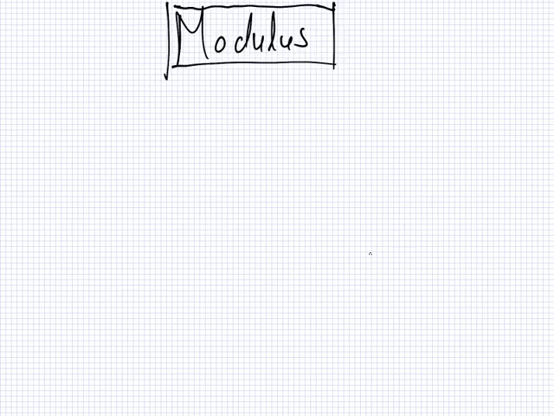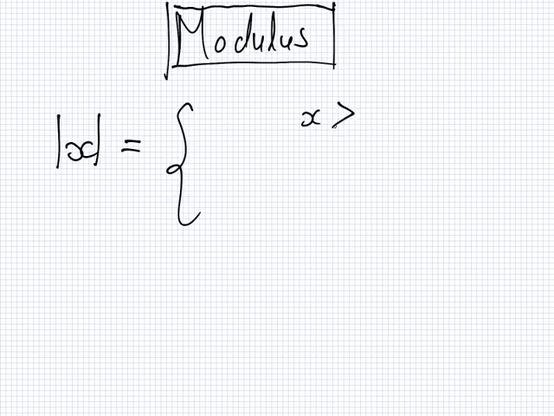Now, modulus function. So in maths, we have this special function called the modulus, also called the absolute of a function, and you write it like this. 2 lines. And the meaning is quite simple. If the x is positive, then it does absolutely nothing and gives you back x.